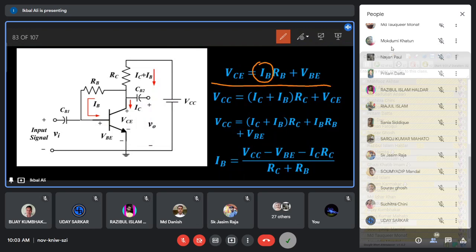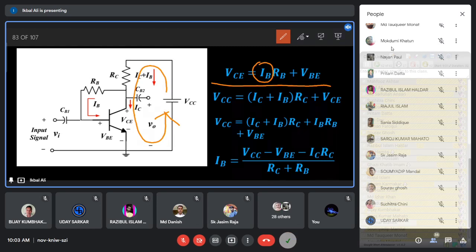So we apply a KVL equation to the output loop, where the current is flowing and VCC is supplying.